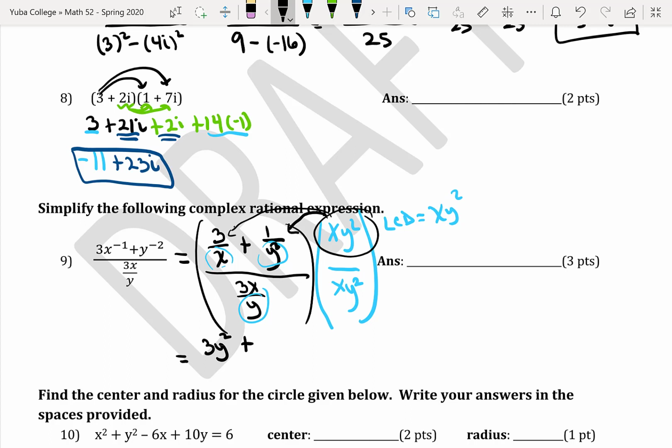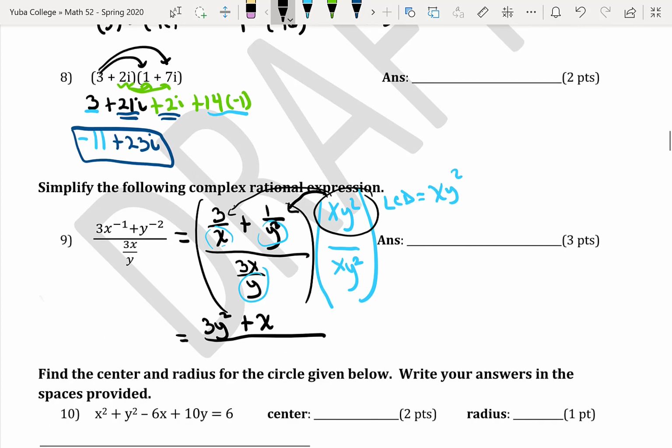So we're going to be left with 3x times xy. Well, 3x times x is 3x squared, and a y. This doesn't simplify down because of the addition between the terms in the numerator. If that had been multiplication, then we could simplify further, but we can't in this case.